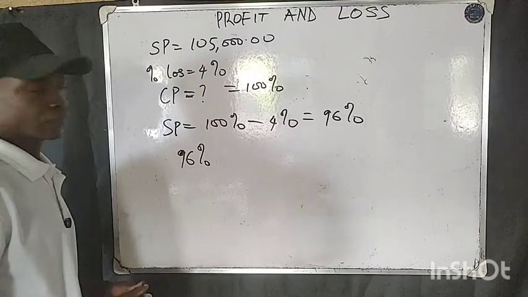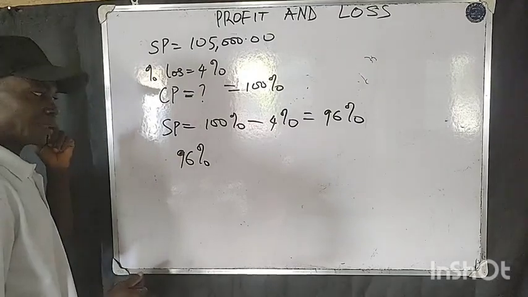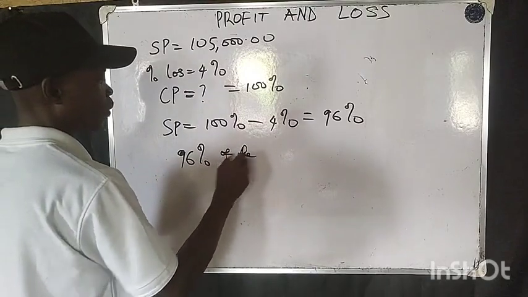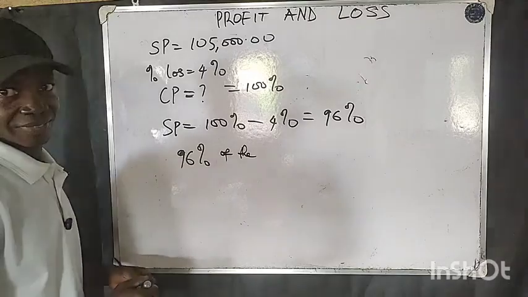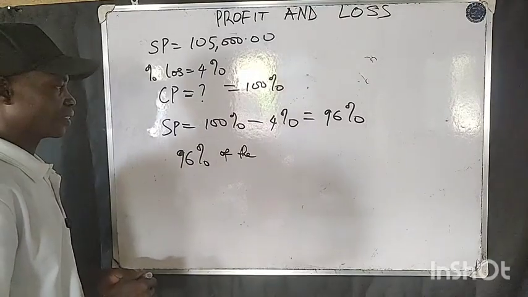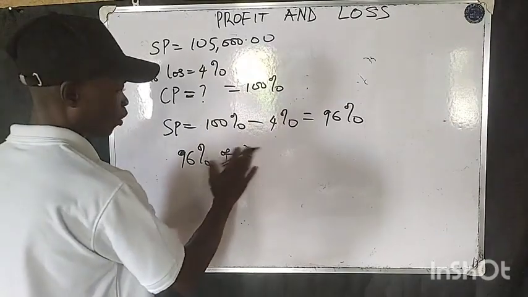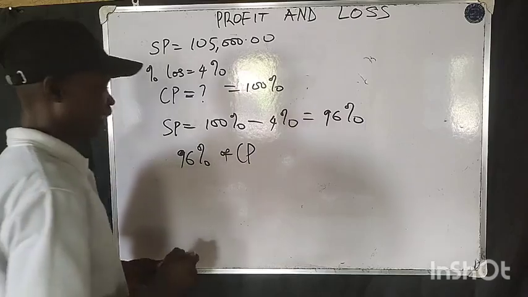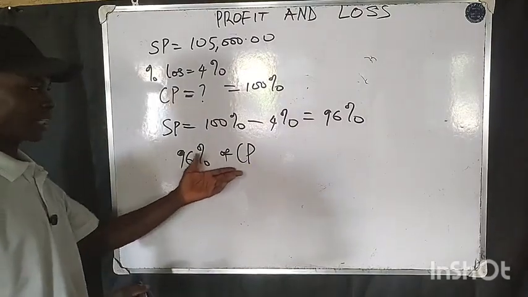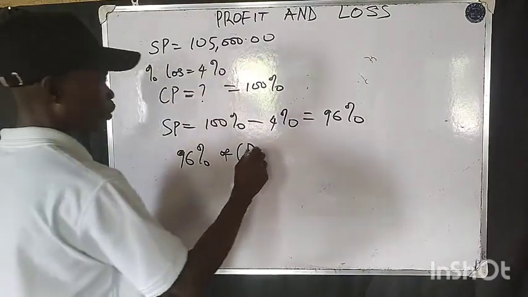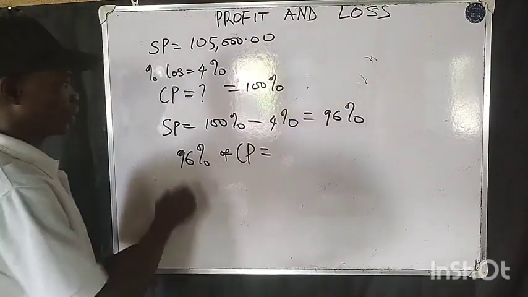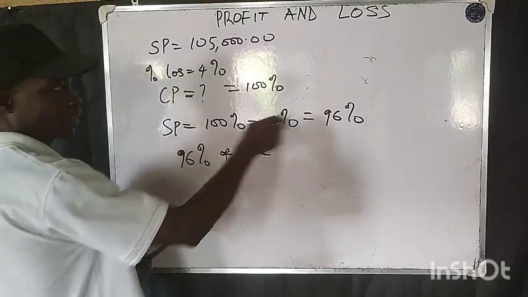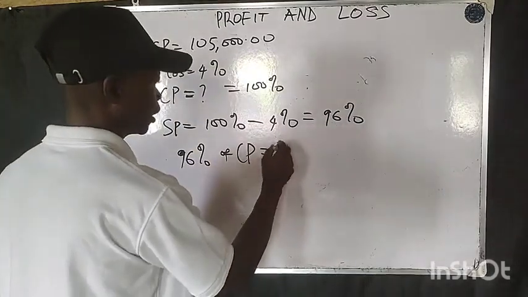Are we together? 96% of what? Of cost price. 96% of cost price equals the selling price, because selling price is 100 minus 4%, which is 96.